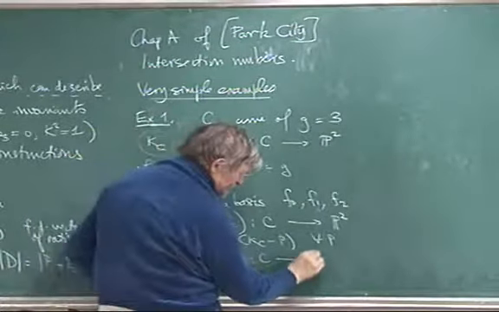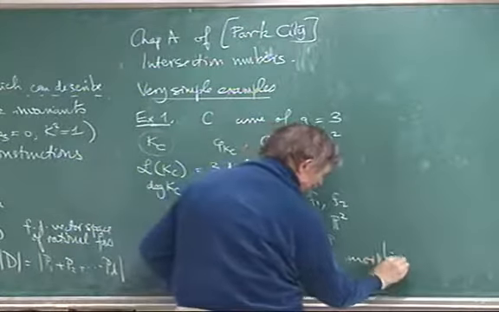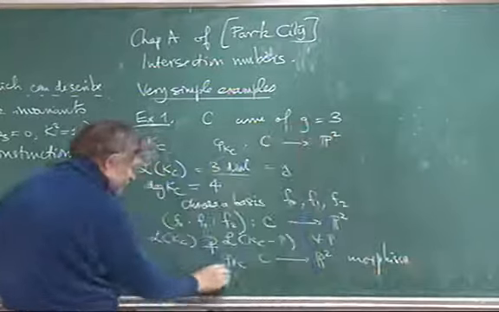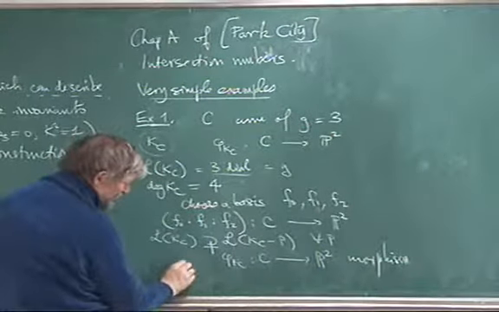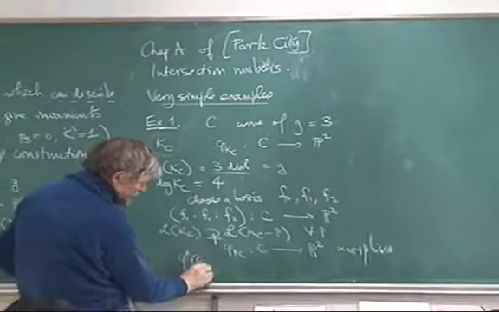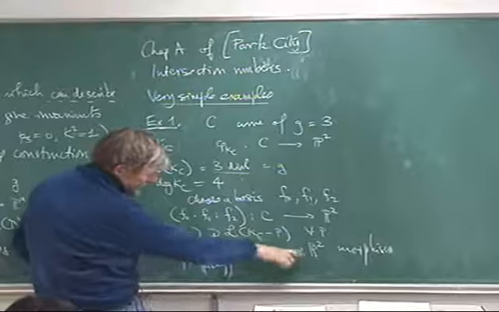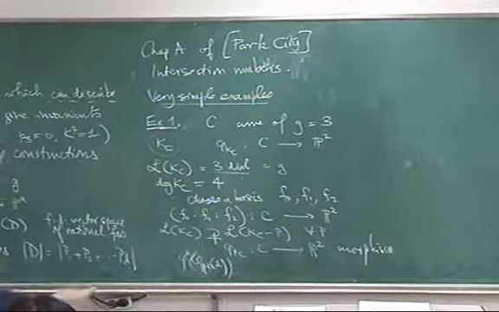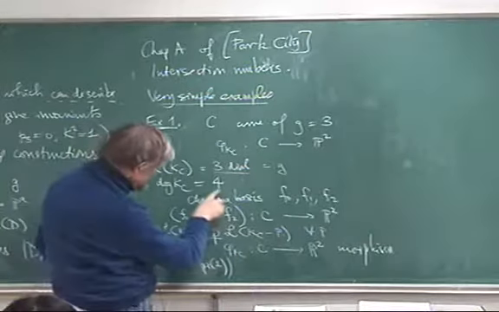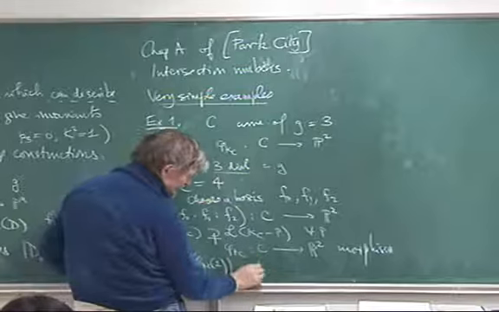So the map to P2 is a morphism with the property that if I take the pullback of O_P2(1), so if I take the linear system of lines in P2 and pull them back, then I get these 4 points. This is H0, this is L(KC).